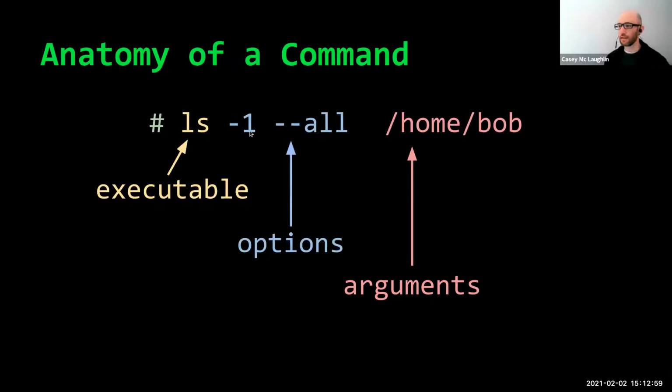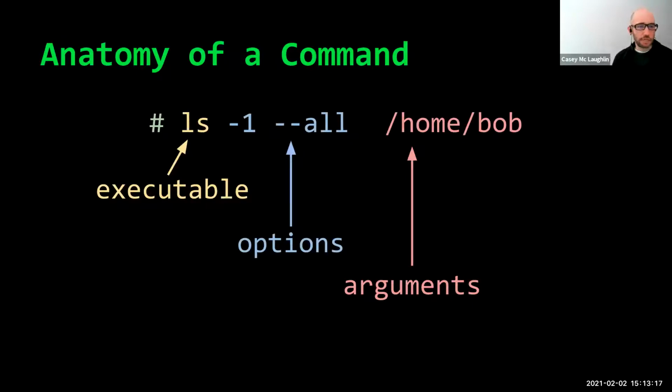And we'll see what that means in a minute. Also, I'm using the --all, and that just means to show hidden directories and files and stuff like that. And we'll see what that means in a couple minutes too.